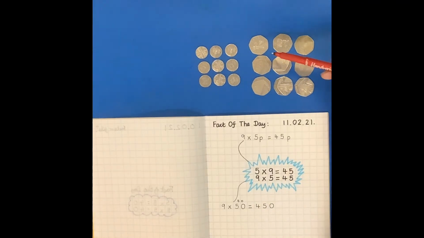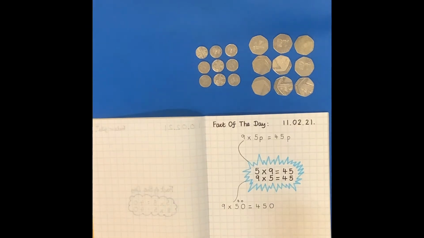I'll prove it to you. 50, 100, 150, 200, 250, 300, 350, 400, 450. So that's 450 pence, or £4.50.